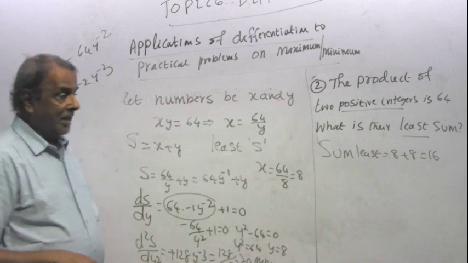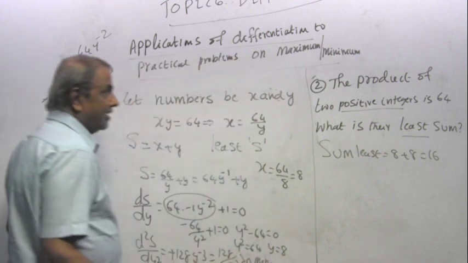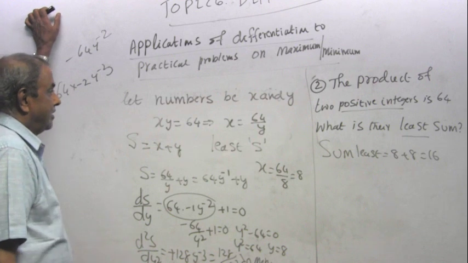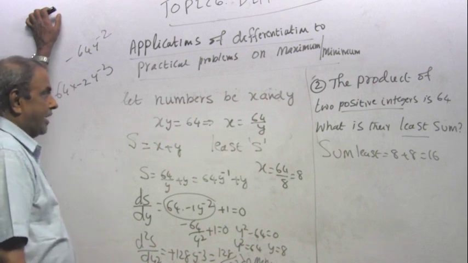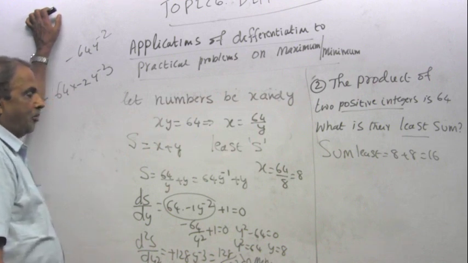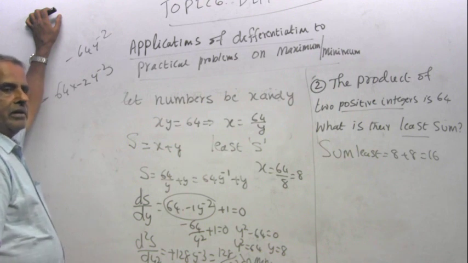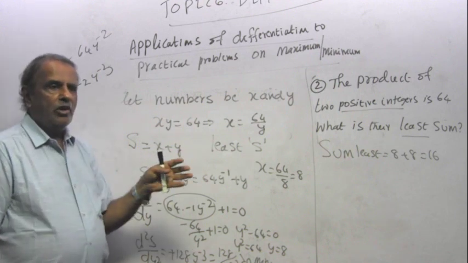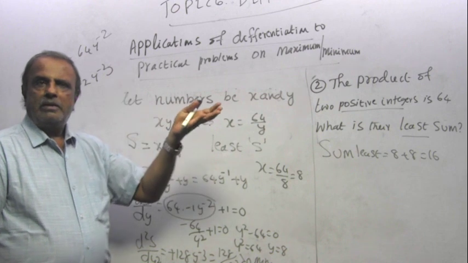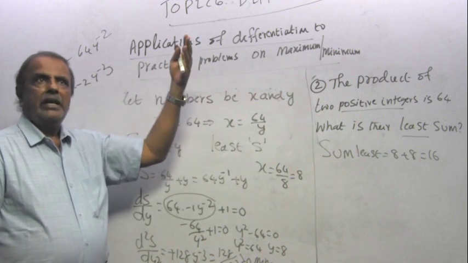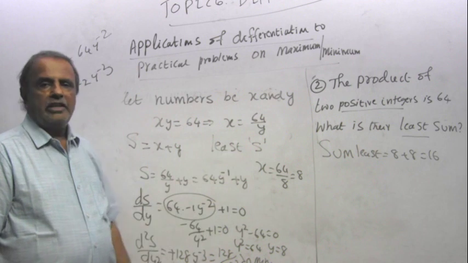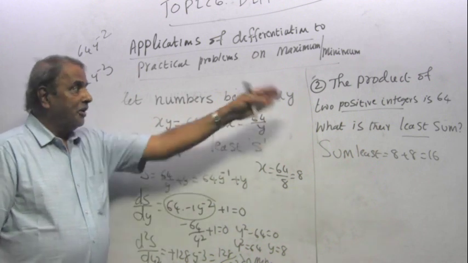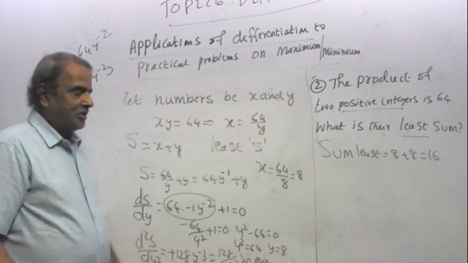Understood? In fact, when I did A level, the question given was the product as p squared, and you must show that the sum is the least when the values of each digit is p and p. Instead of giving all that, it works.